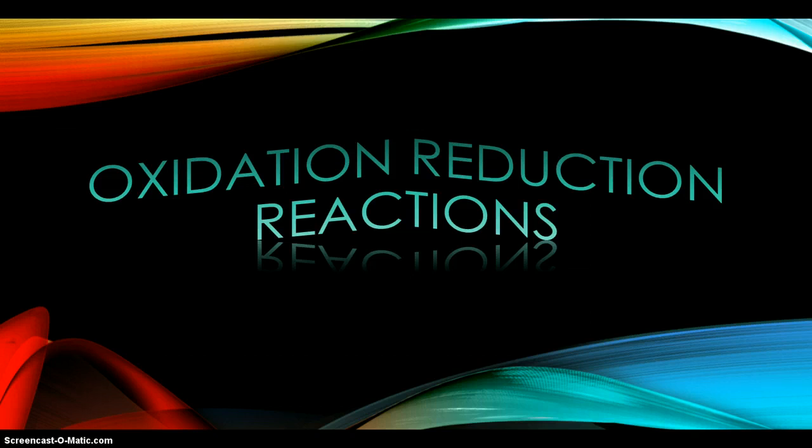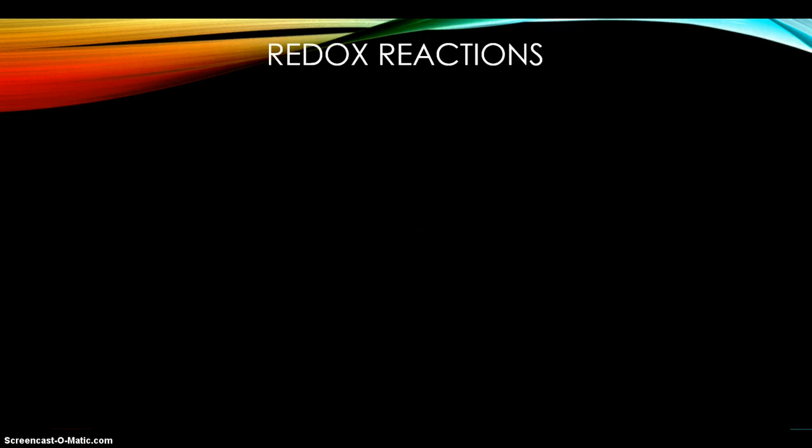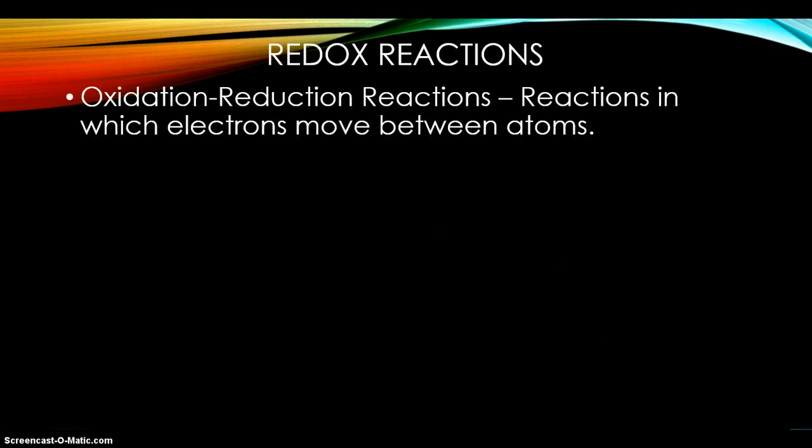So let's take a look at some of the basic definitions here so that we understand. First of all, what is an oxidation reduction reaction? They're reactions in which electrons move between atoms. So from your reactant side, whether you start with compounds or whether you start with simple elements, as those elements combine to form a compound, or as those compounds break their initial bonds and form new bonds, there would be a movement of electrons.